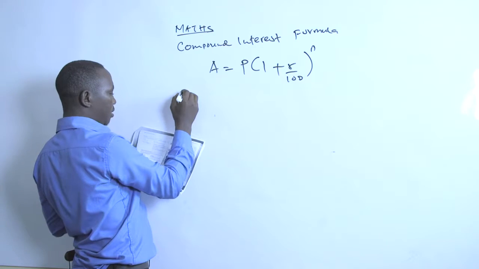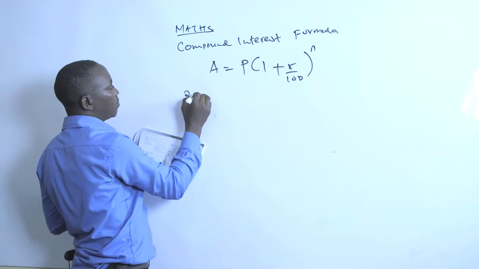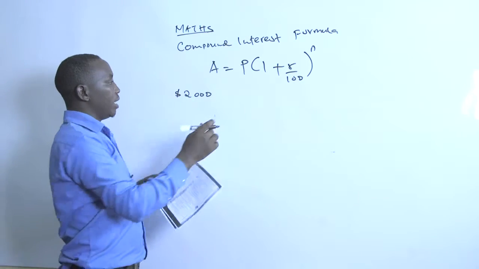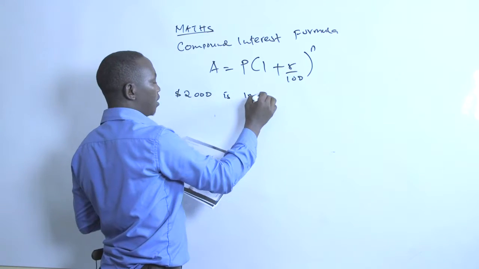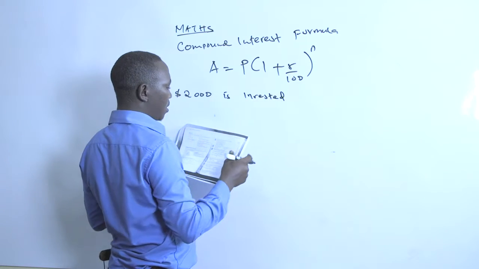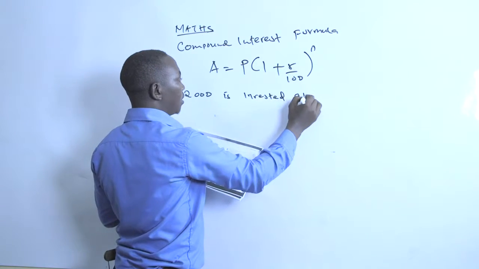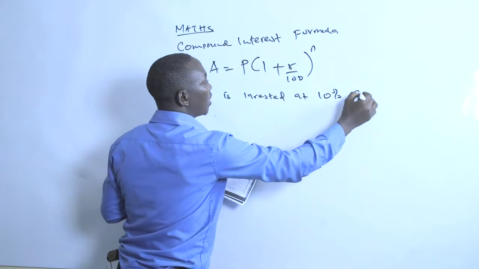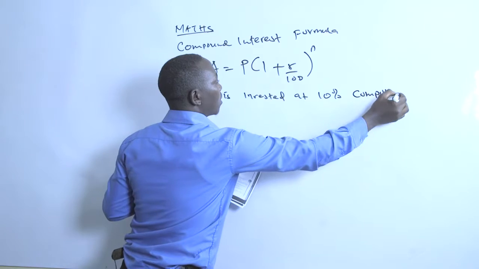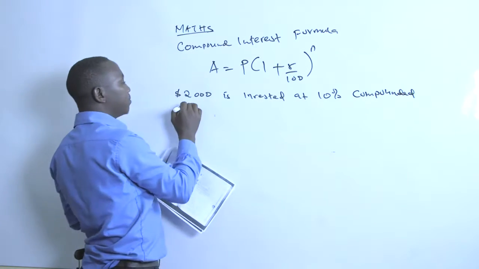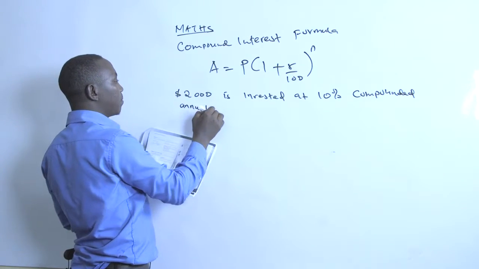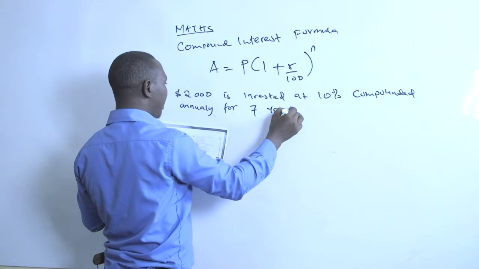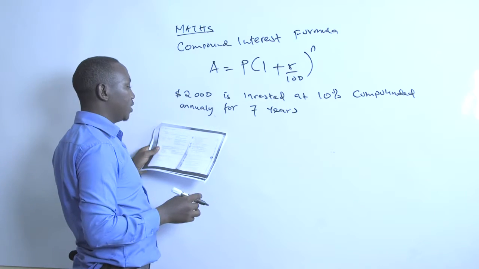$2,000 is invested at 10% compounded annually for a period of 7 years.